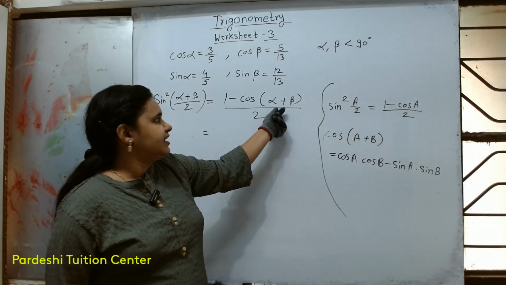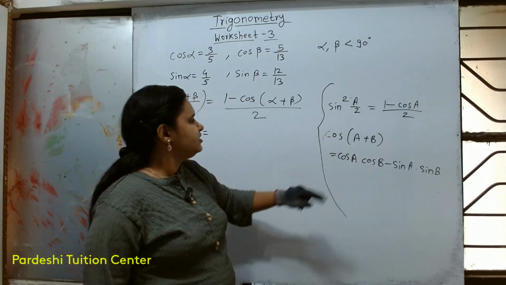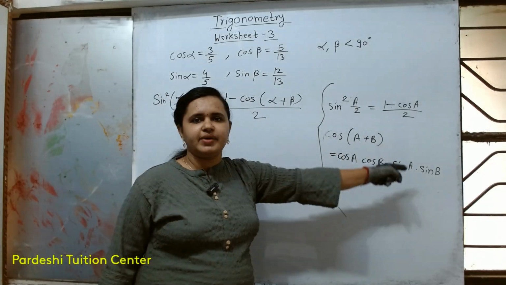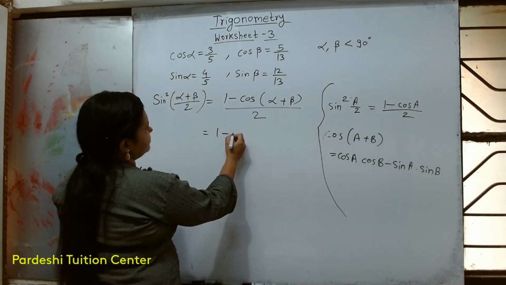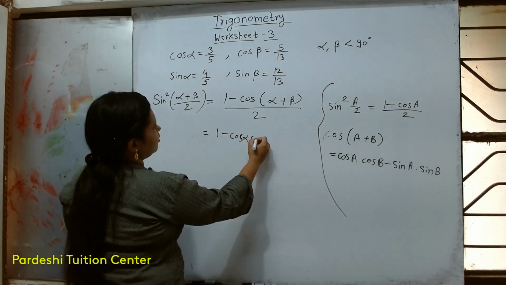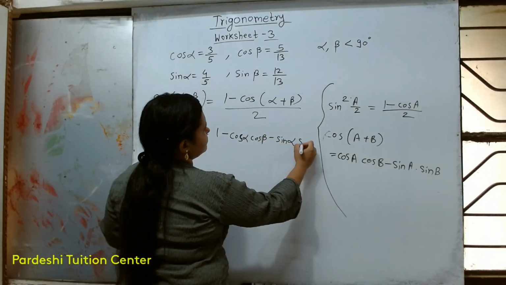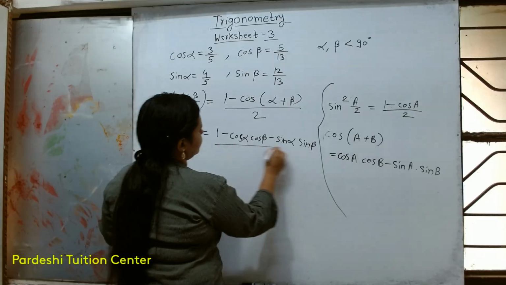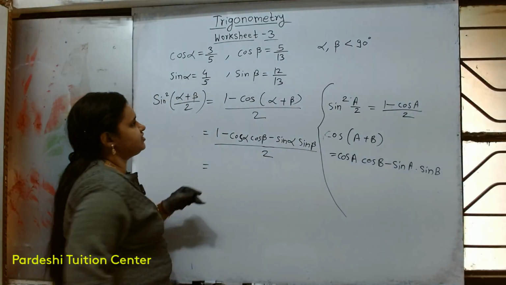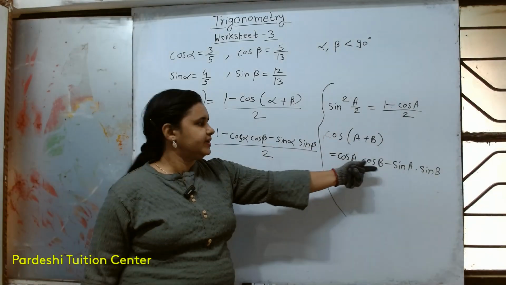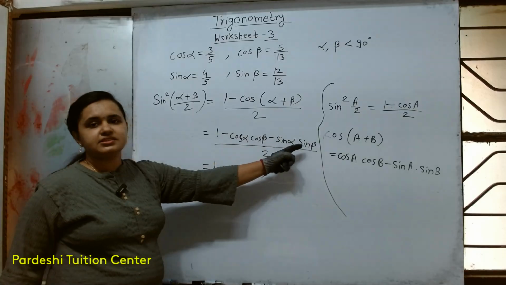Cos of alpha plus beta we can consider as cos of A plus B. Cos of A plus B is cos A cos B minus sin A sin B. So it will be 1 minus (cos alpha cos beta minus sin alpha sin beta), upon 2. We have just put in the formula of cos of A plus B. Now again we will put in the values of cos alpha, cos beta, sin beta.